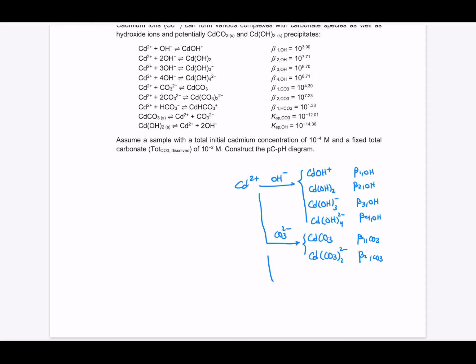What else? Yeah, just the last one still in the complexation realm. So this would be cadmium HCO3 minus plus beta 1 of HCO3.